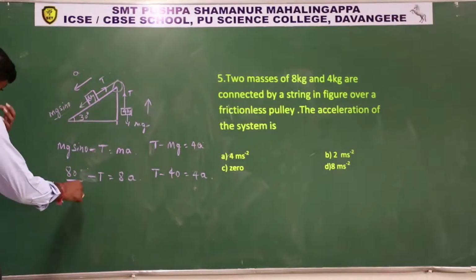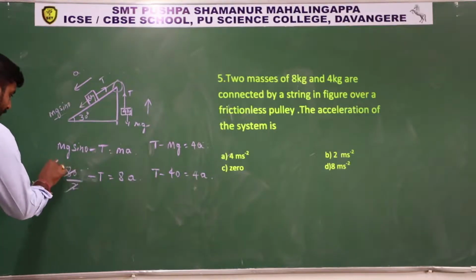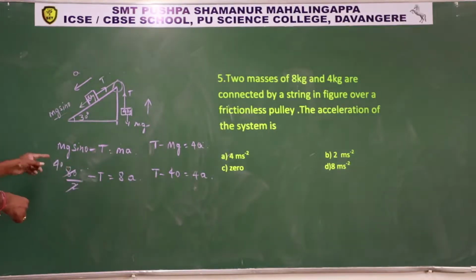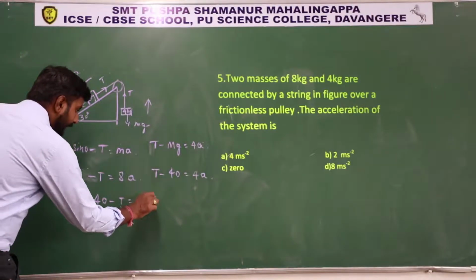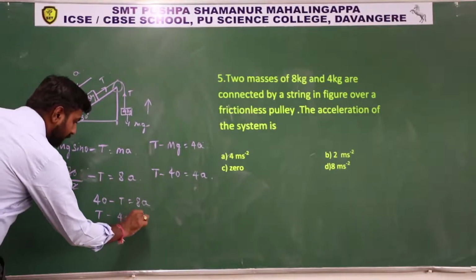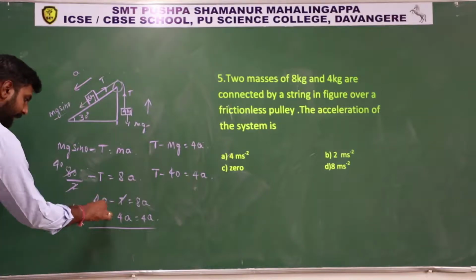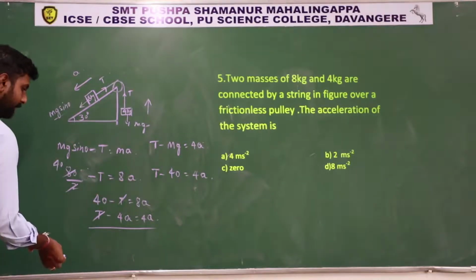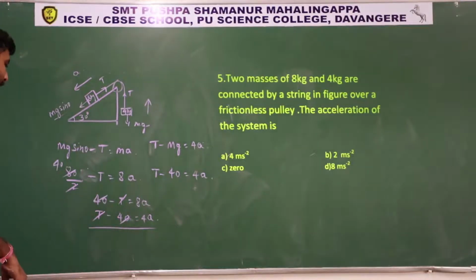Here also 40. 80 by 2 means you will get 40 minus T is equal to 8a. That means 40 minus T is equal to 8a, and one more equation is T minus 40 is equal to 4a. Here T will cancel, and 40 and 40 also will cancel, isn't it?